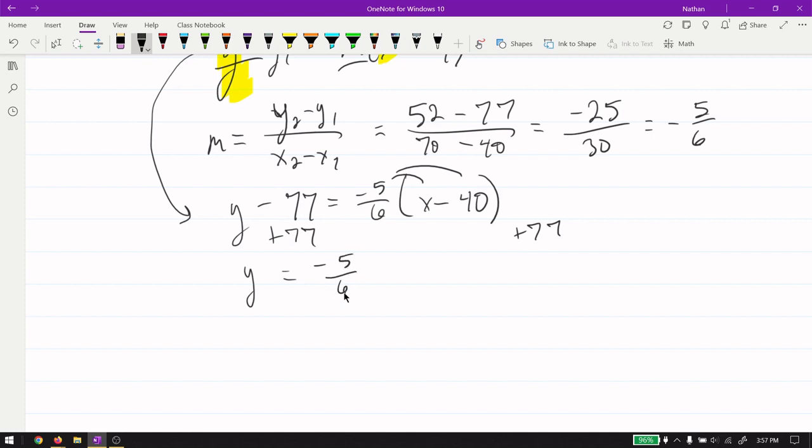Negative 5/6 x, minus 5/6 times 40 is actually going to be plus because the negative times negative cancels. 5 times 40 is 200 over 6 plus 77 over 1. So we're going to multiply this by 6 over 6.